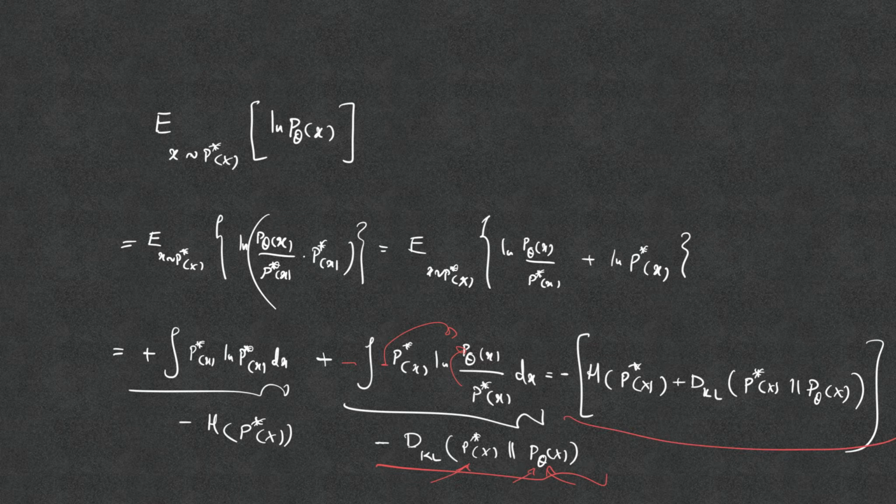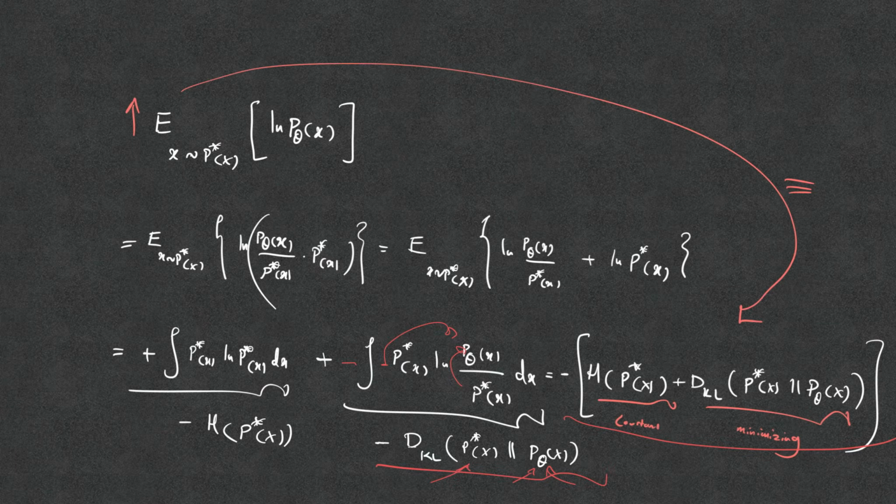Meaning that you can basically write it like this. So focusing on this log likelihood and focusing on this KL divergence is kind of equal to each other. Trying to maximize this is essentially trying to minimize that.